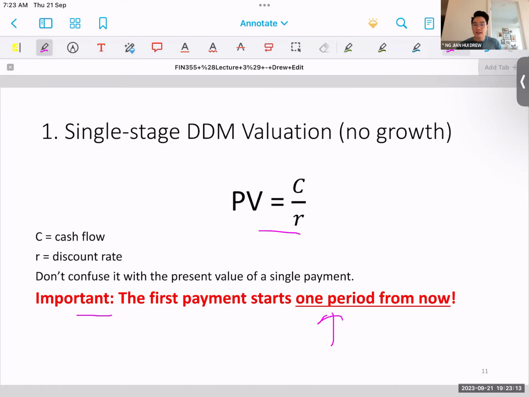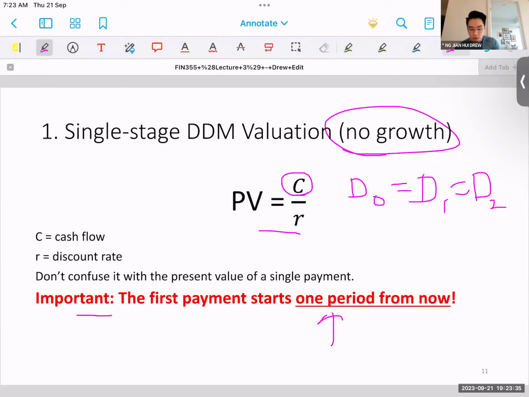Now, this is a characteristic of the perpetuity formula, but in this sense, because there is no growth factor here, the C, or dividend, the D, does not change. So D0 will be equal to D1 equals D2 equals D3, D4, and so on, because there's no growth.